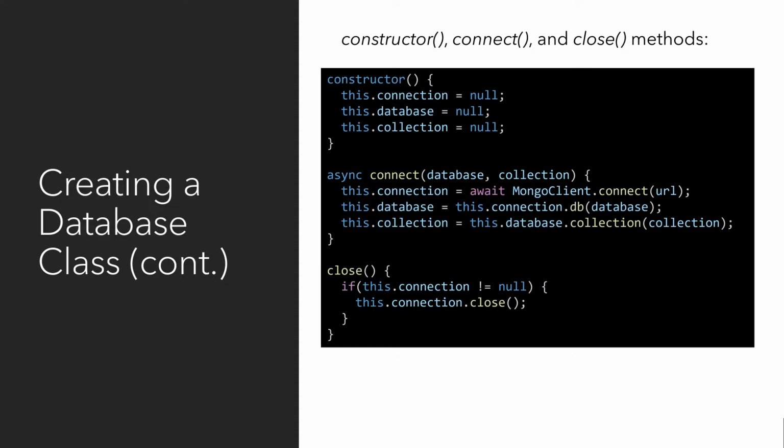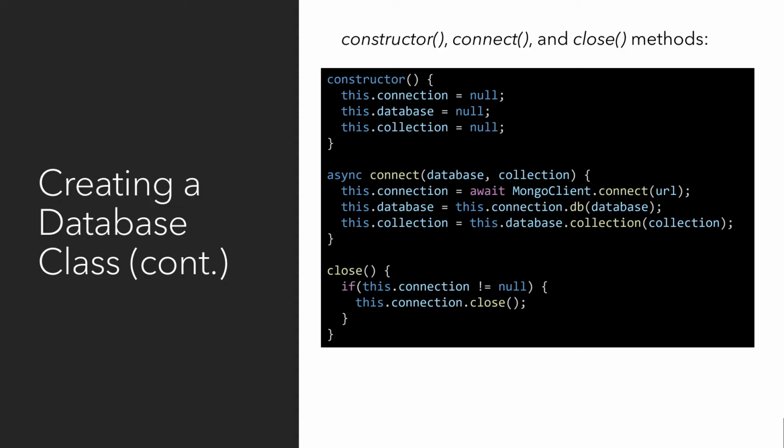Now within the connect method, this.connection is equal to what is returned from MongoClient.connect. This.database is equal to this.connection.db with the passed in database value. And this.collection is equal to this.database.collection with the passed in collection value.